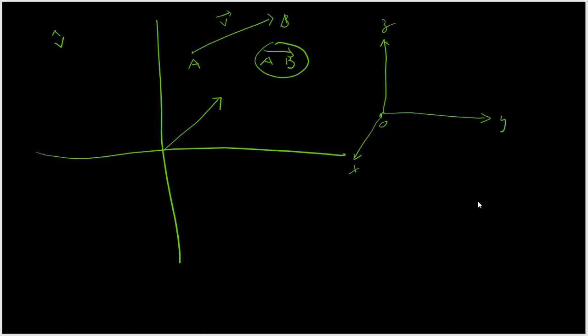I'm not going to repeatedly use the notations, so can I call this point O? This is the standard notation for the origin. I'm going to call this vector u.